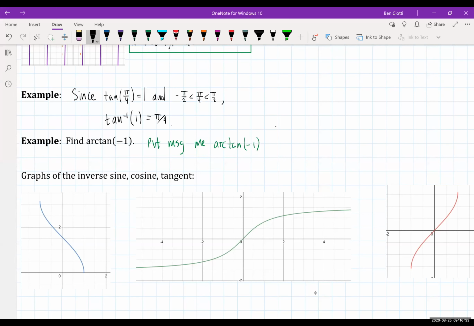Let's see. So arctan of negative 1 is the angle whose tangent is negative 1, but specifically the angle between negative pi over 2 and pi over 2. So your answer must lie inside the open interval negative pi over 2 to positive pi over 2.